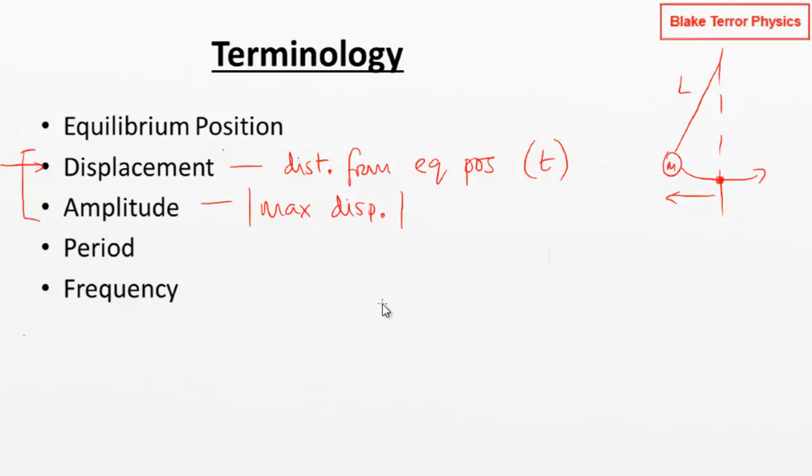So that's describing position. But we also want to know how quickly it's doing all of this. So we might want to know, well, how long does it take to complete one oscillation? So that's the period, which we denote with a capital T. How long does it take to do one oscillation? Or we might want to know, well, how many oscillations has it done in 1 second, say? So oscillations per unit time.